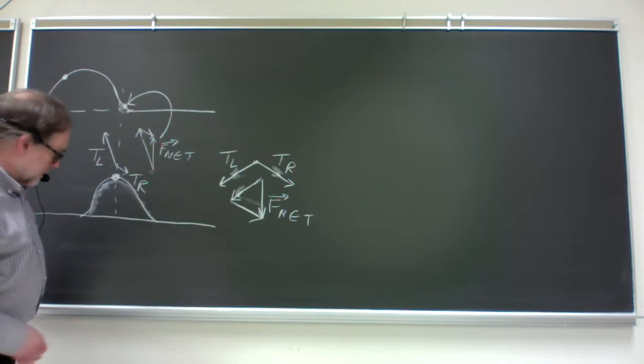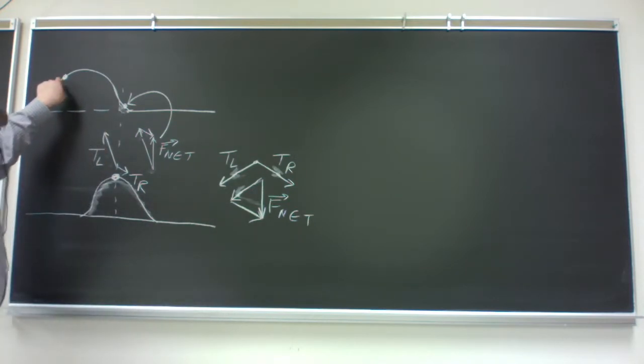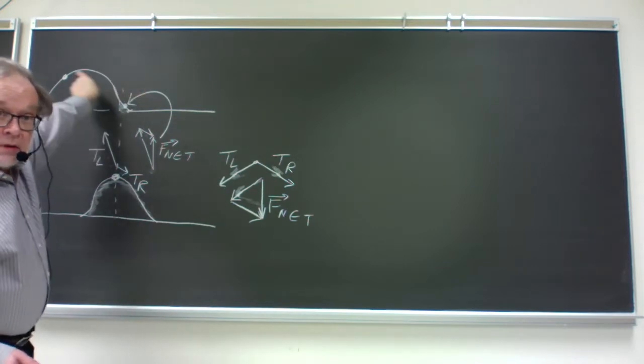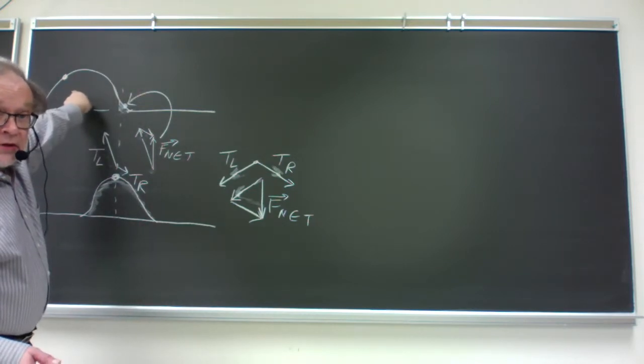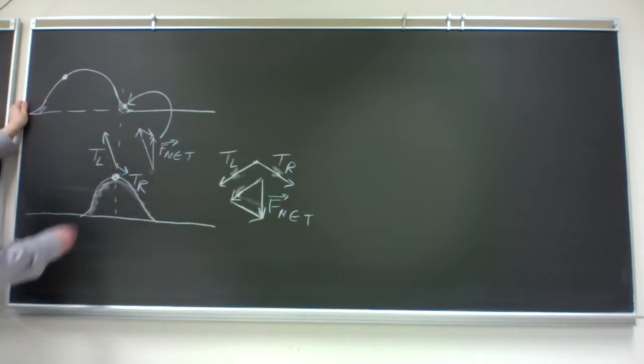And we could look at another example of that right here. Just imagine this point here. This point is being pulled down by the bits of string to the right of it and to the left of it, somewhat like this.